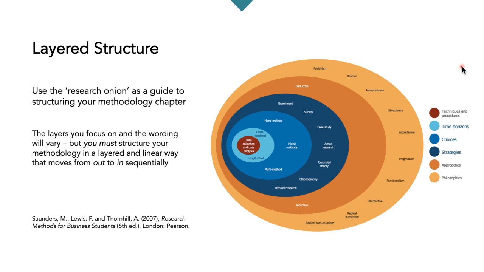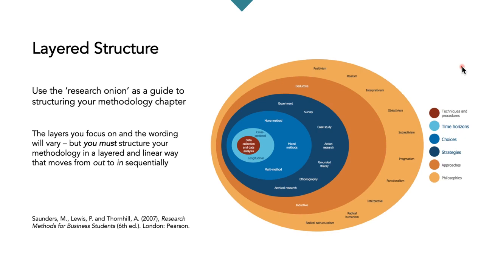And in a methods or a methodology chapter, regardless of what your method is, regardless of whether you're doing qualitative or quantitative, regardless of the approach, generally speaking, that you take, you need to write it in a layered way. And some of you looking at this slide here might be familiar with this image.